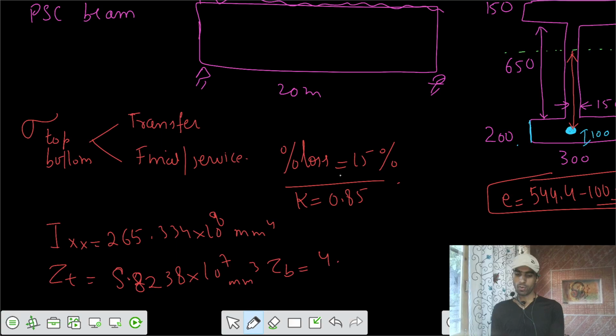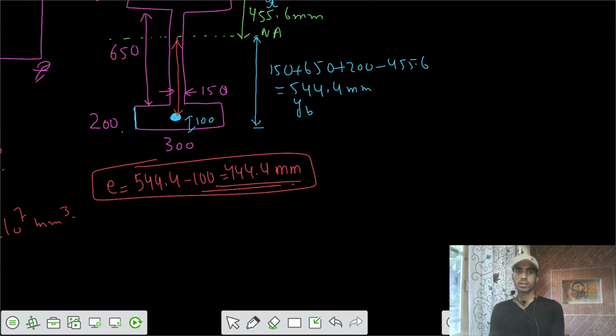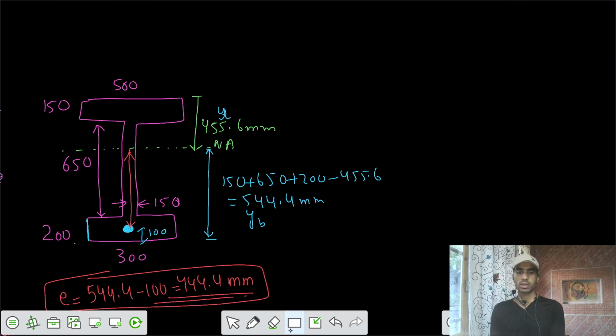That's 4.8739 × 10^7 mm^3. And the area of the cross section is also given, because the calculation is not about calculating the I and all that stuff. The problem is about the calculation of the stresses. The area of the cross section is 232,500 mm^2.